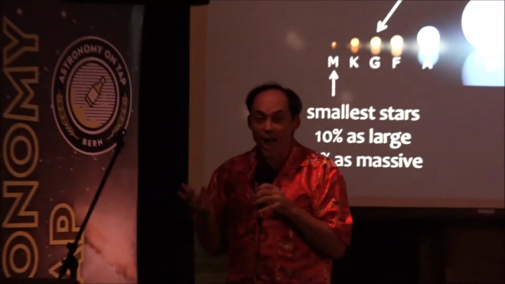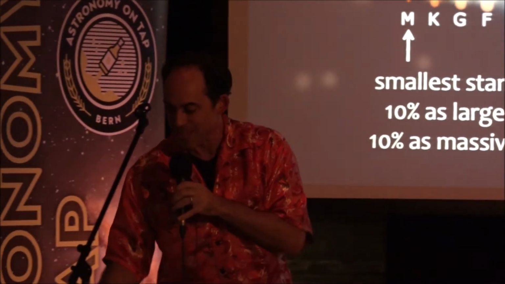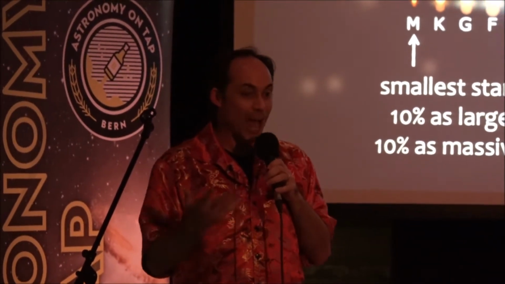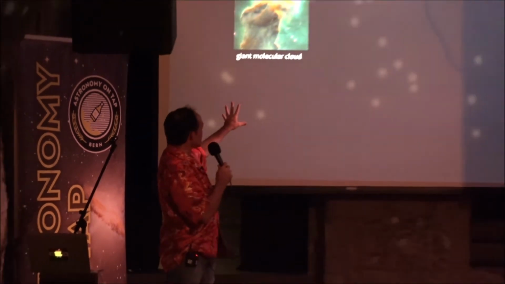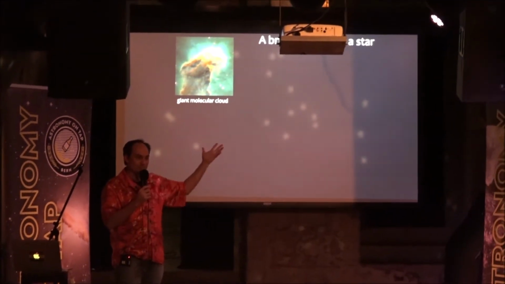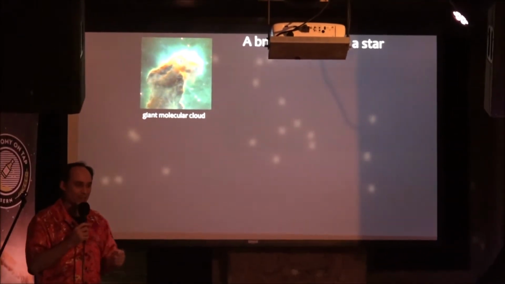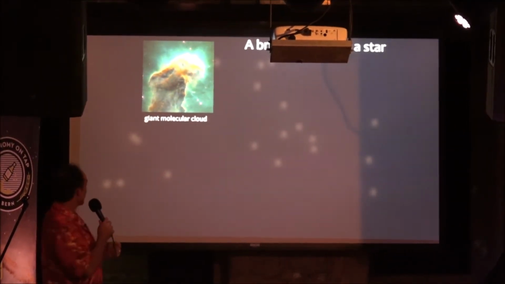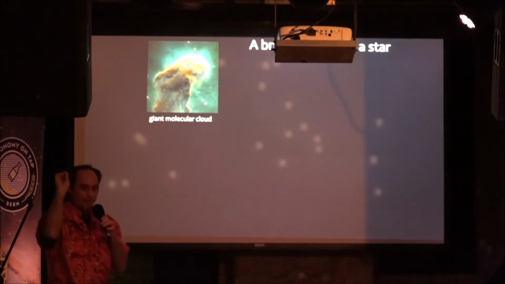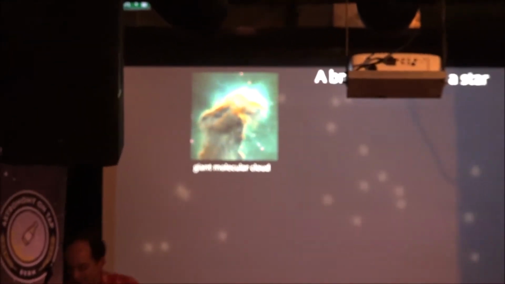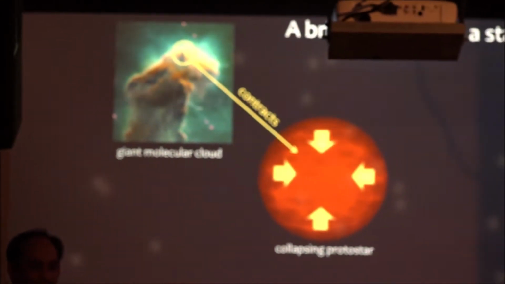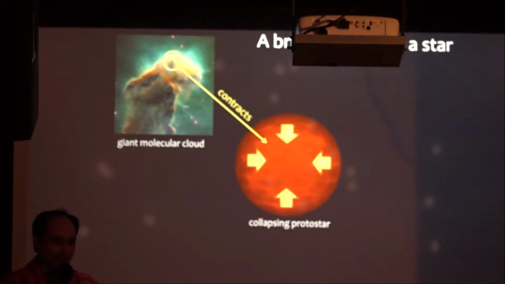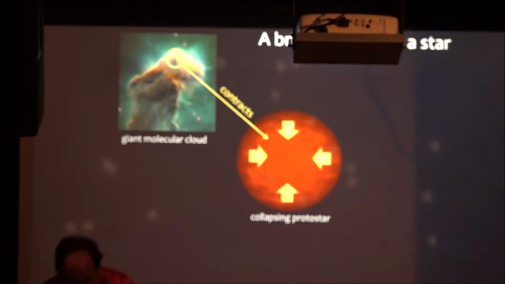Now, to understand why these stars have these different properties, it's useful to remember how stars form in the first place. And they start in these massive molecular clouds. This is a picture of one of our most famous molecular clouds that are out there. This is the tip of the Eagle Nebula. And each of those little pixie horns that are coming off there is going to form a star. And that star is just the collapse of all that gas. And as that star collapses down, gravity takes over.